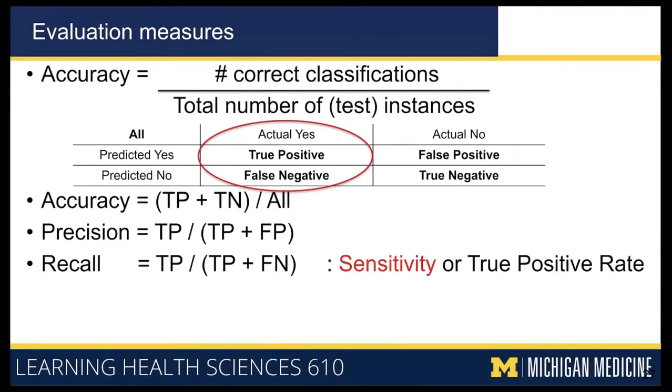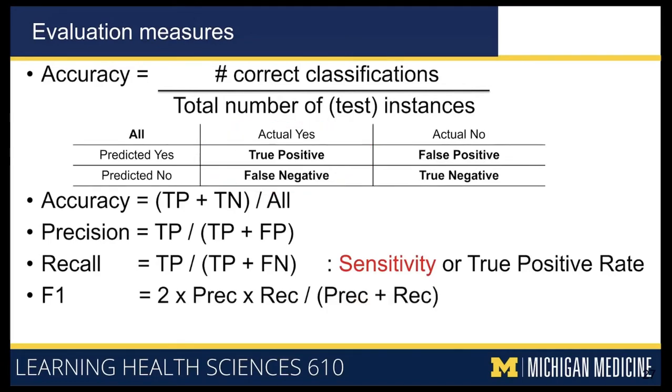So sensitivity is the same as true positive rate, is the same as recall, and that is, of the things that are actually yes, how many were predicted yes by the model. Because they are talking about 2 different things, precision is of the things that were predicted yes, how many are correct, and recall is of the things that are actually yes, how many are correct.